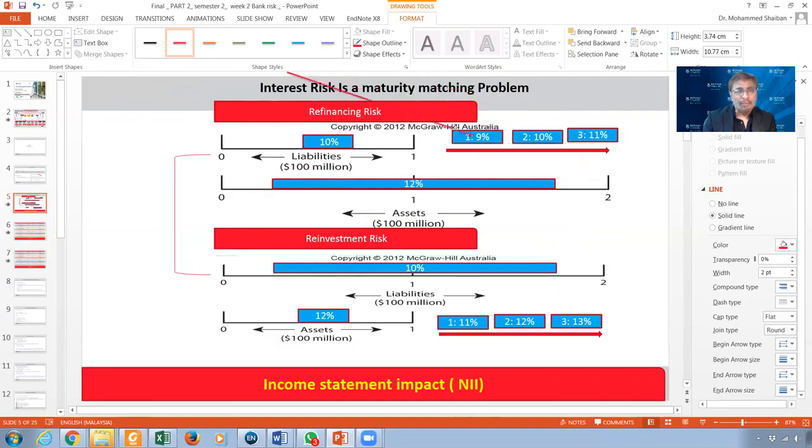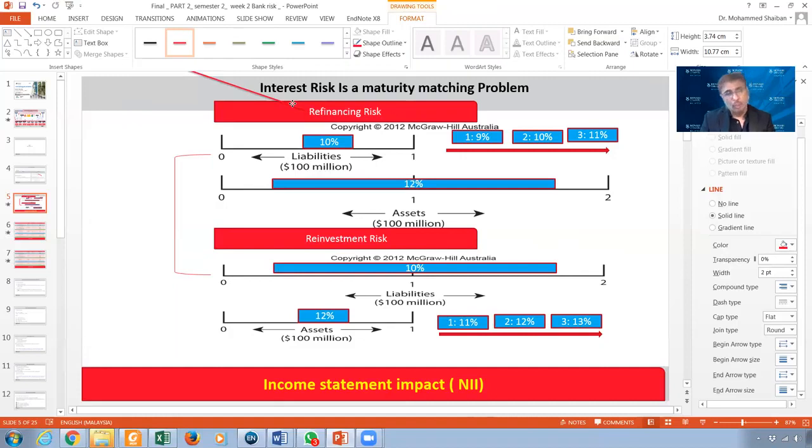If I am at 9%, I'm actually gaining, because I'm now receiving 3% for the second year. If I'm at 10%, then there is no problem because 10% and 10% is still the same. The problem is in case 3. If I'm in case 3, I'm exposed to interest rate risk, and this is coming from the refinancing. It's interest rate risk coming from the refinancing, meaning I'm looking for somebody to refinance.